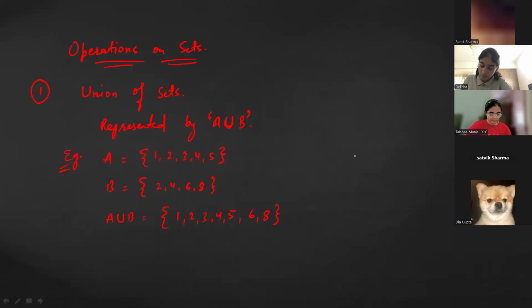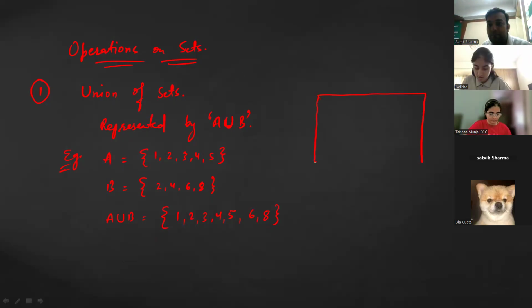Now let us come to the Venn diagram of A union B. How do we represent it through a Venn diagram? The rectangle represents the universal set, and this is set A, this is set B. If this is A and this is B, then the whole shaded region is considered to be A union B here.